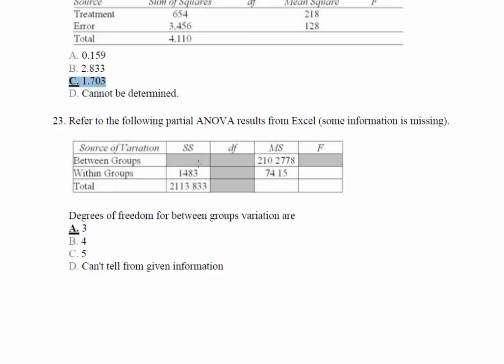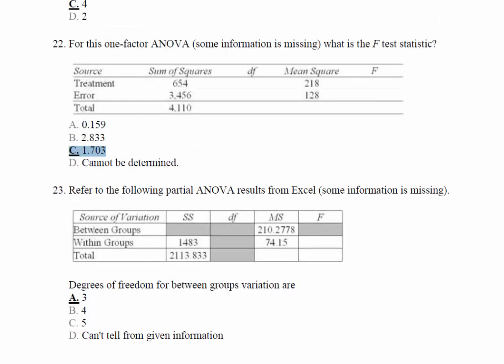But if you don't have sum of square between groups, but you do have within group and total, we know the total is the sum of square between plus sum of square within. So this minus that should give you the sum of square. And that divided by this will give you the degrees of freedom. You carry out the calculation, it should be 3. Okay?